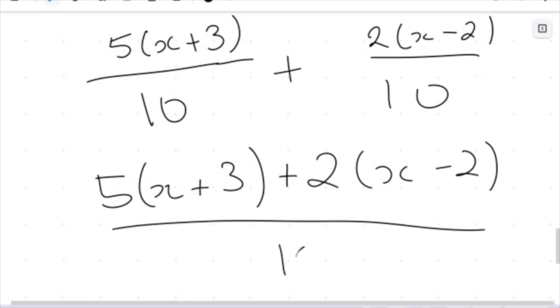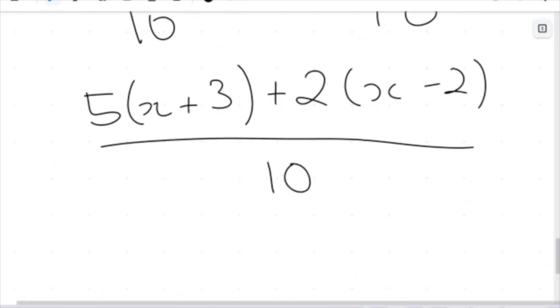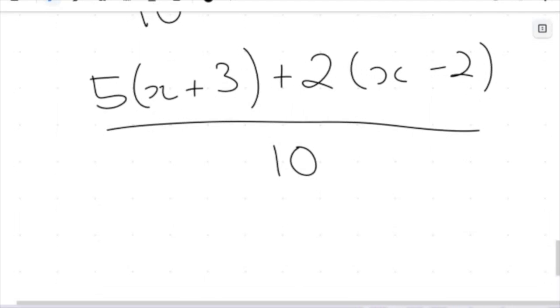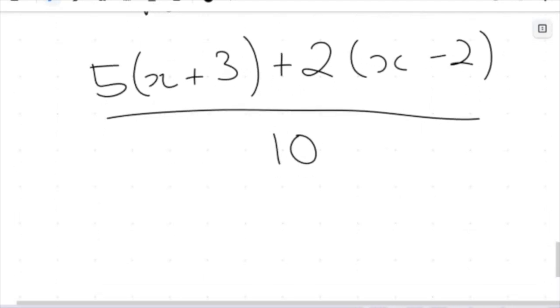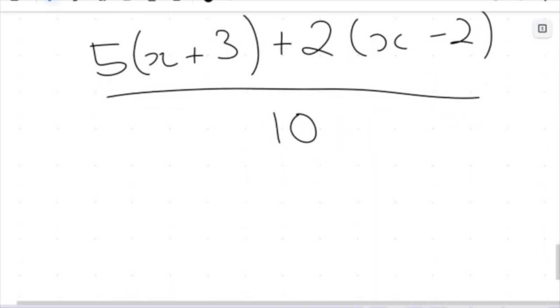This is all over 10. And now, to get this to the simplest form, we want to expand. So we're using expansion and factorization as we need it, where it's most beneficial to us in terms of simplifying the fraction after we've done the addition or subtraction to its simplest form.